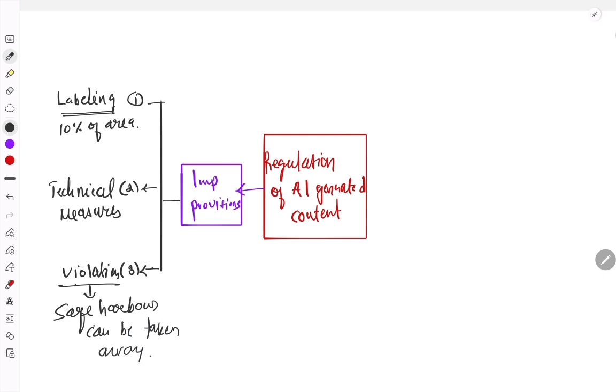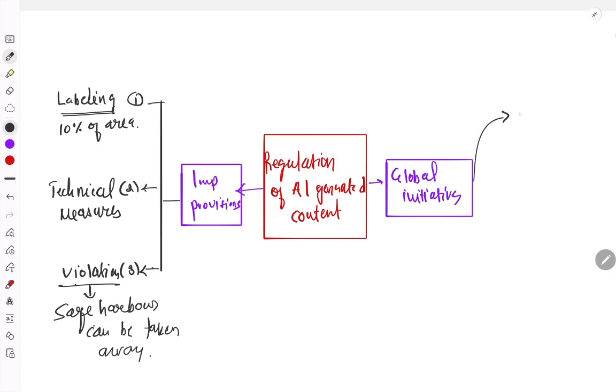Okay, understood? Now, as we have discussed the provisions, let's also see the important initiatives at the global level. I mean, what kind of initiatives different countries have taken.